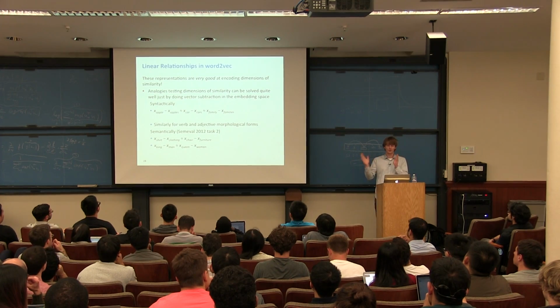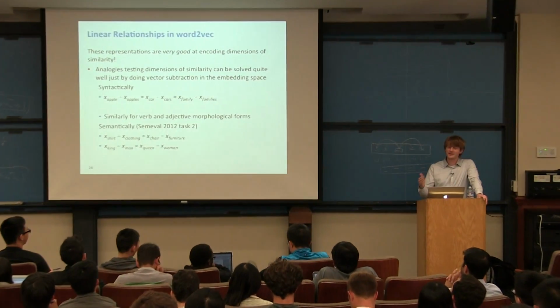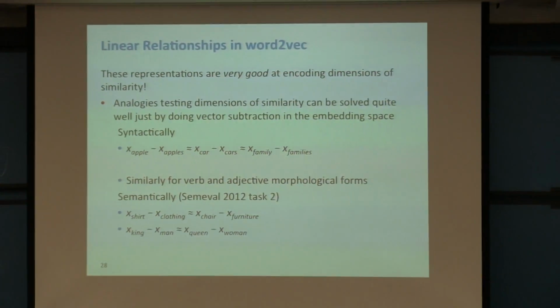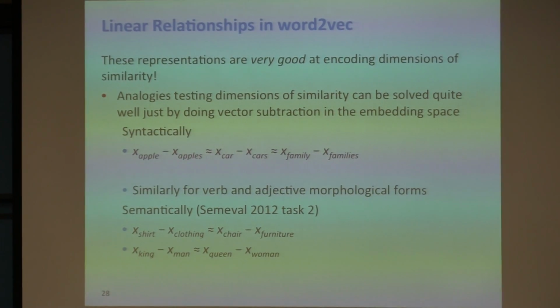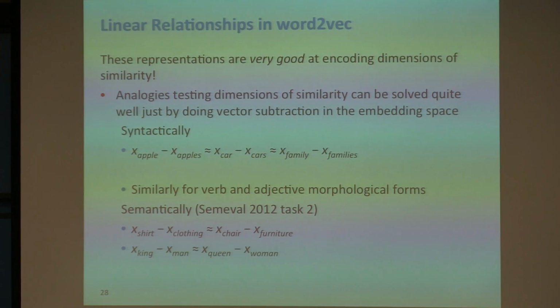All right, so why is this so cool? One of the interesting things is that these kinds of vectors are very, very good at encoding dimensions of similarity and dimensions of meaning automatically. There are certain analogies that are very intuitive to people, and it turns out if you take the vectors of this kind of model, they will capture similar kinds of similarity.